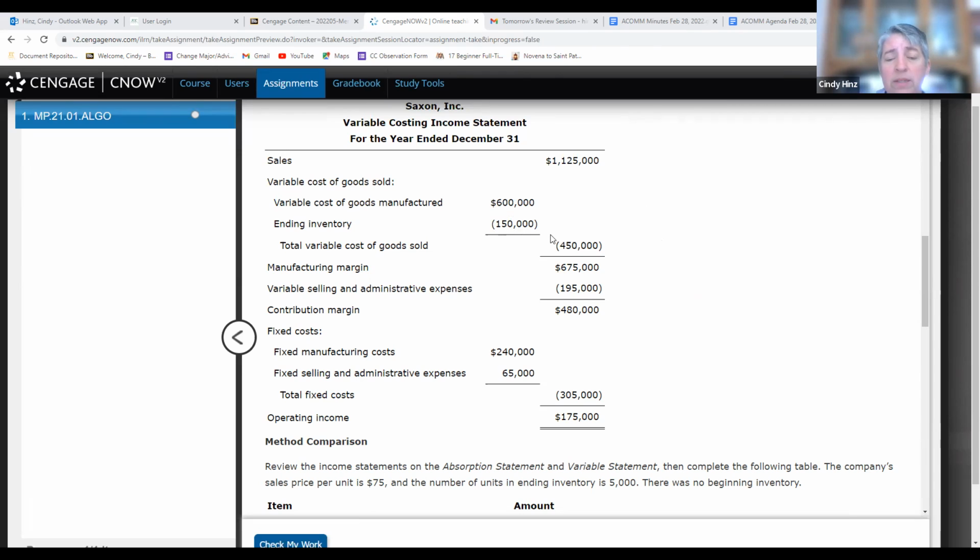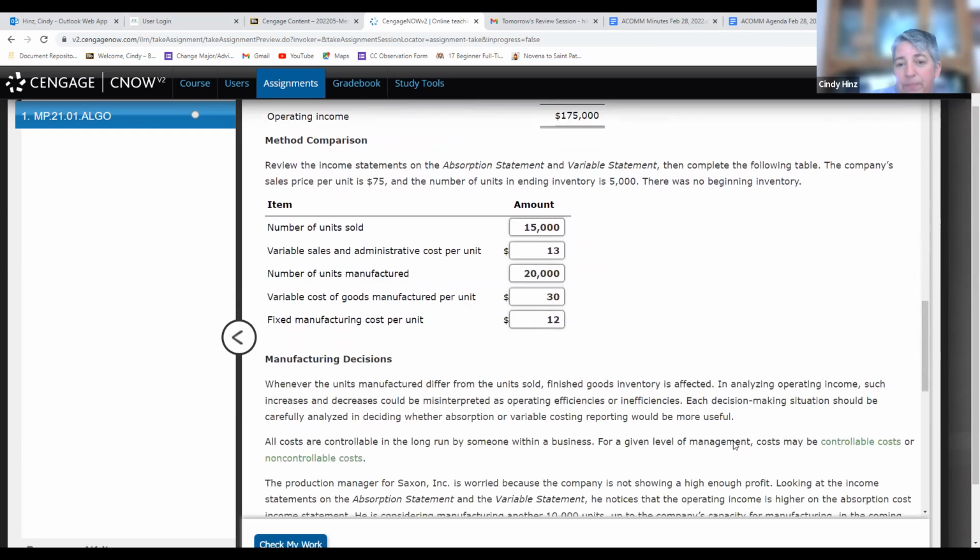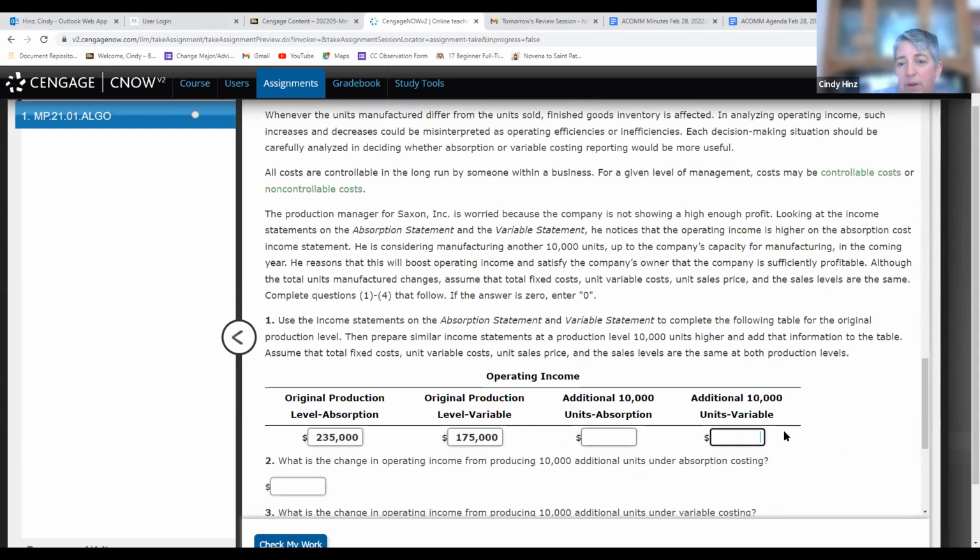The total variable cost of goods sold is going to be exactly the same because we sell exactly the same units. So these two numbers, variable cost of goods manufactured and ending inventory, are both going to go up by the same amount. Everything else on here is going to remain unchanged. And so the operating income under variable costing will be exactly the same whether we produce an additional 10,000 units or do not produce them.